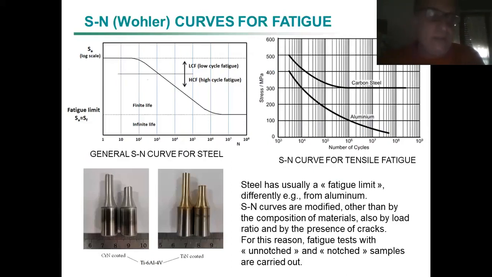You would undergo other types of failure because then there is wear, corrosion, etc. But you would not undergo fatigue failure under a certain amplitude of the fatigue cycle. This is referred to as fatigue limit.